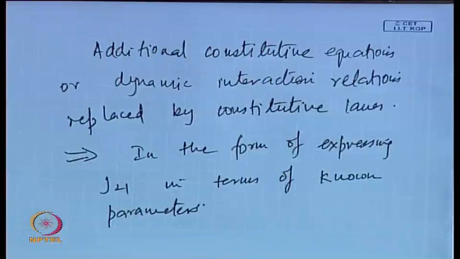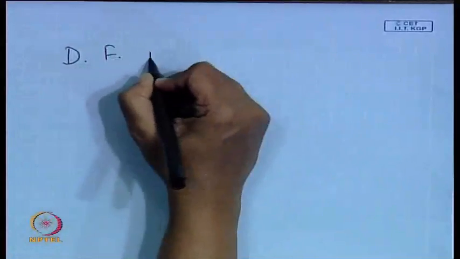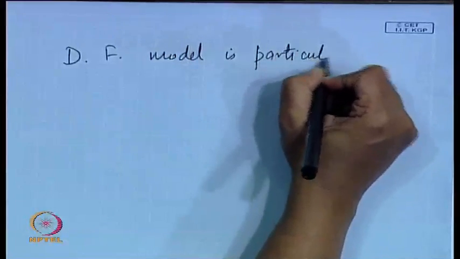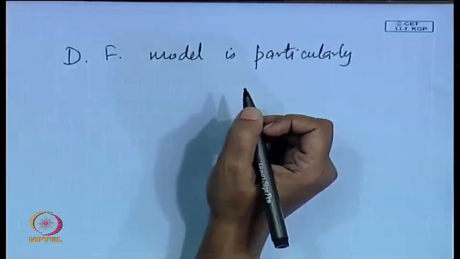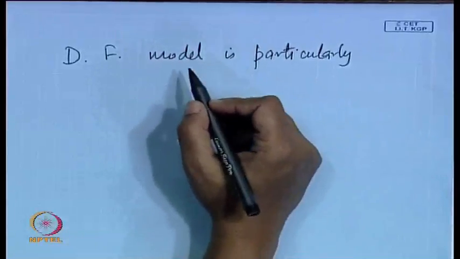And remember one thing, the drift flux model is particularly useful when this relative motion can be determined by a few key parameters. It is independent of the flow rate of each phase. Just remember this sentence, it is quite important. These are the keys by which we find out J21, since finding J21 is the most important thing here.